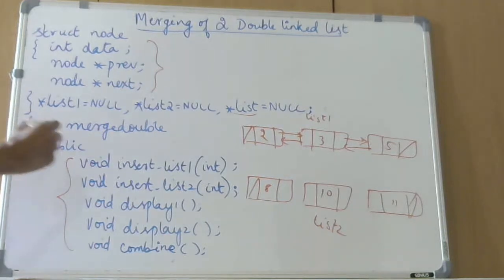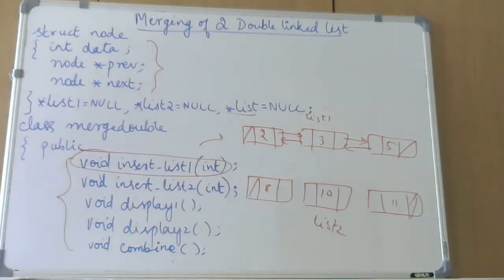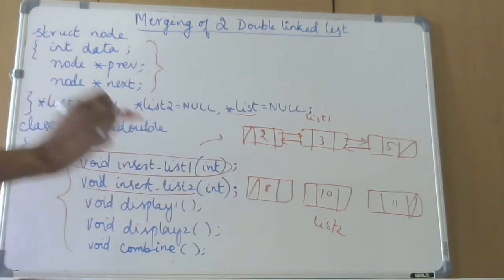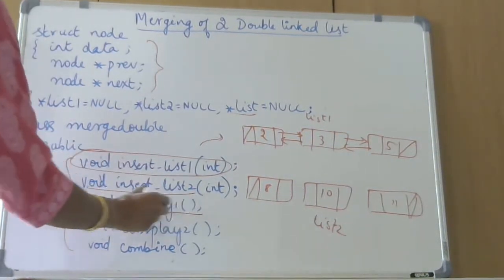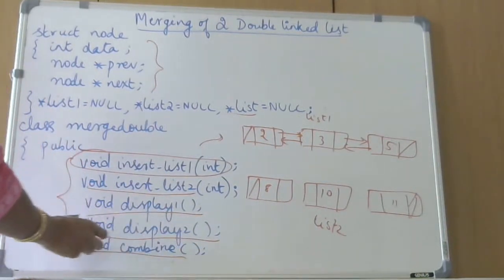We are going to use insert list, wherein we insert in the first list, and insert list 2, where we insert in the second list. Obviously the two lists have to be ready before you merge them, right? Then I want to display the first list and also the second list, and then I will combine.